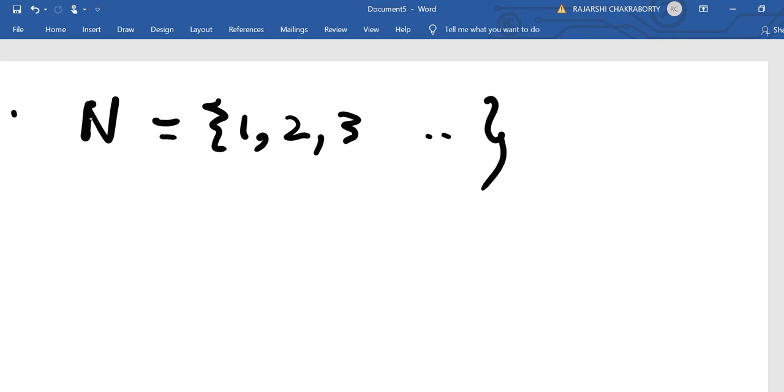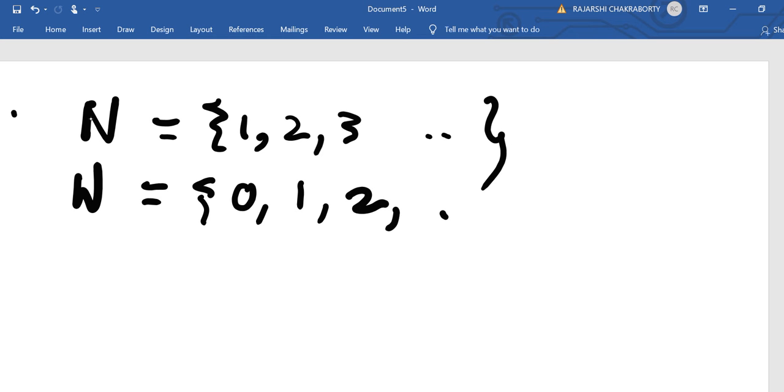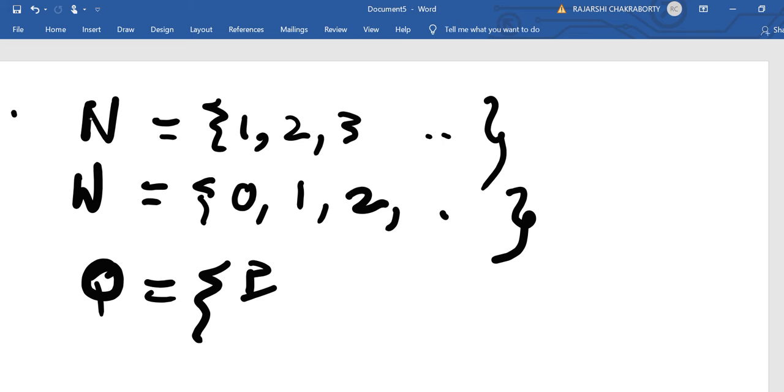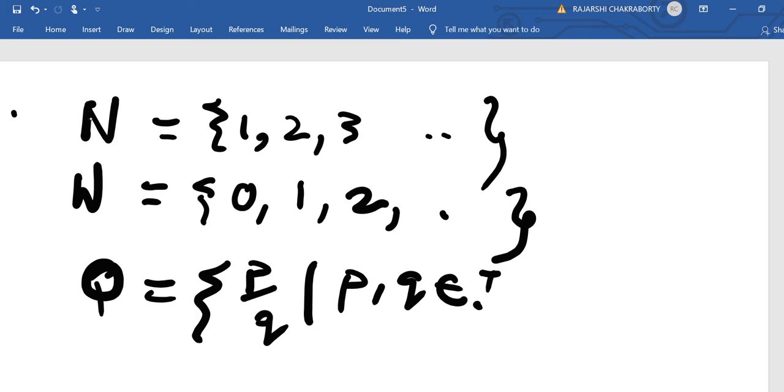this is a set of natural numbers. This is a set of whole numbers. This is a set of rational numbers.